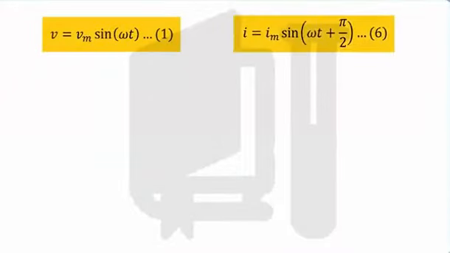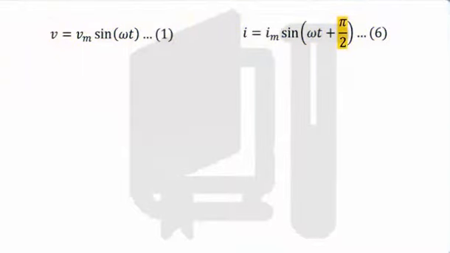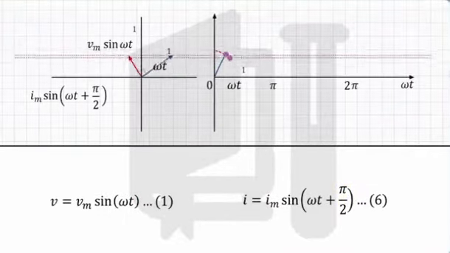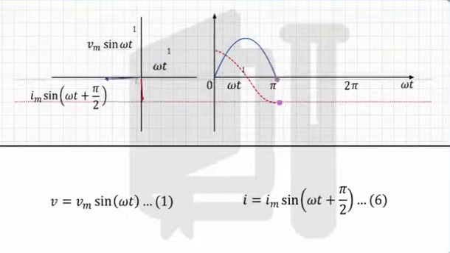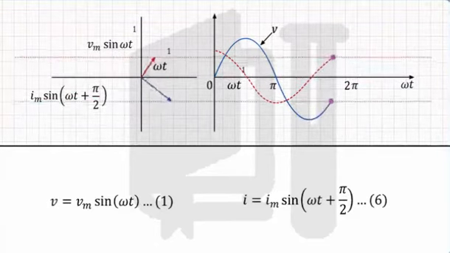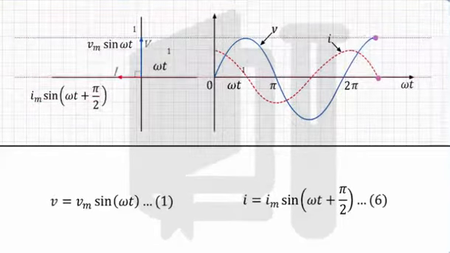On close inspection of equations 1 and 6, which are derived for the value of current in the circuit, we can see that the current leads voltage in phase by a factor of pi by 2. The phasor diagrams for analyzing the relationship of lead or lag between current and voltage are as shown.